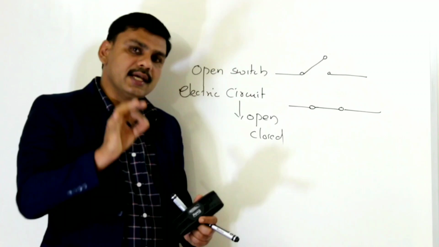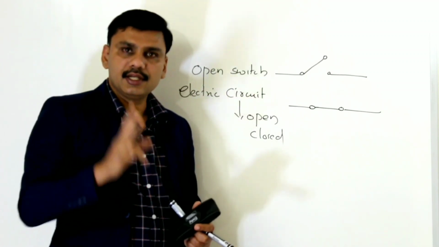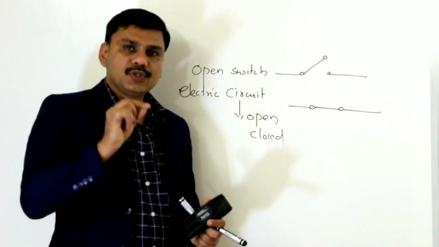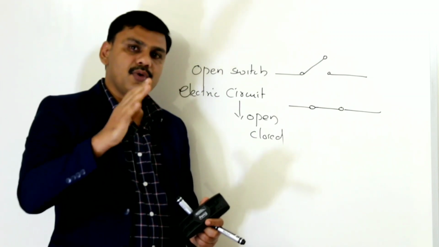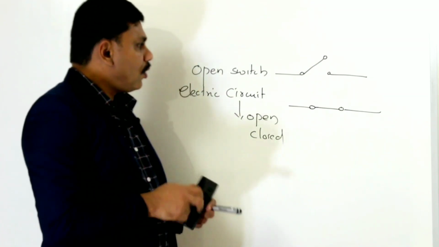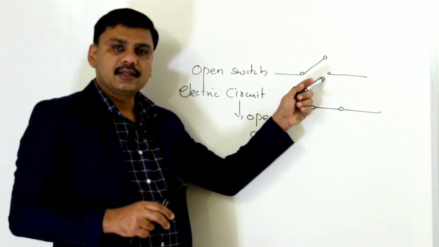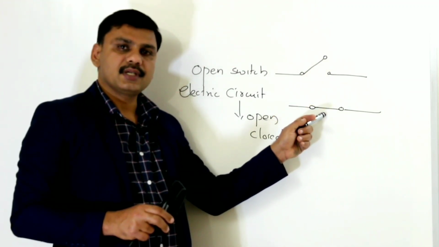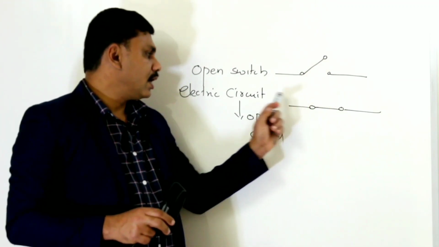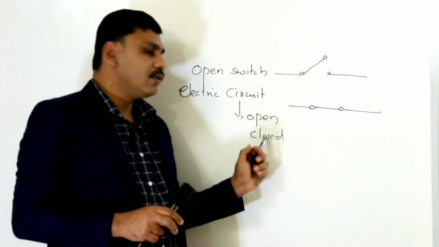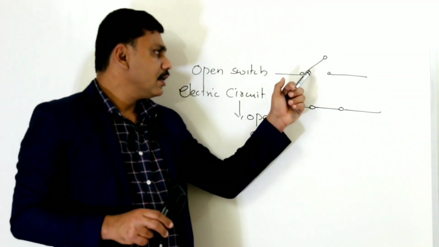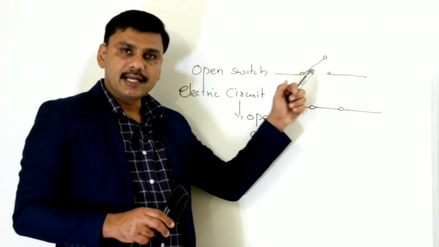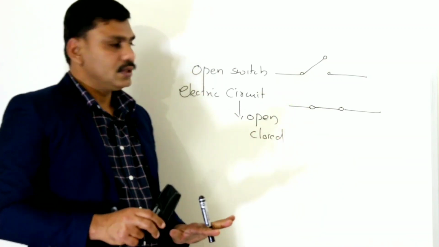By using a simple electrical component known as switch. Switch can make a path open or closed. So open switch representation is like this. Closed switch representation is like this. So you can make an electric circuit open or closed by using a switch that can be open or closed.